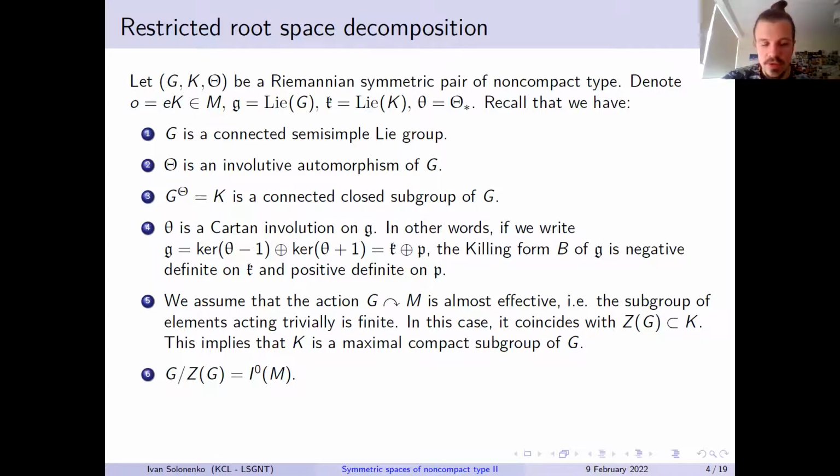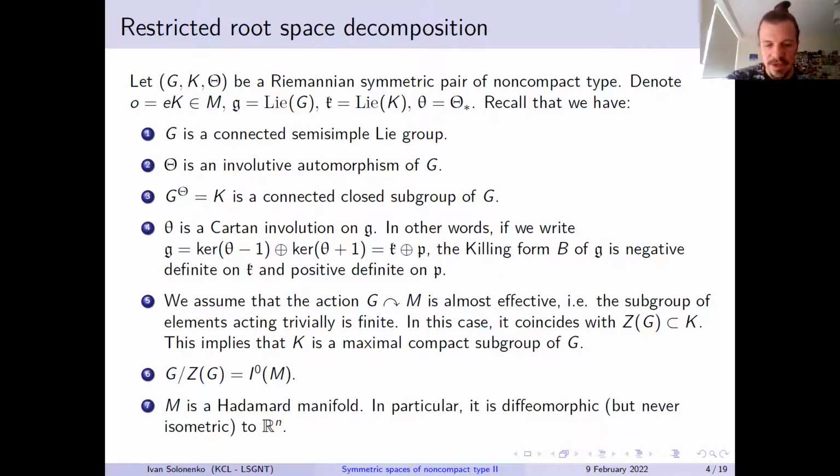One small thing which was also mentioned last week is that the connected component of the isometry Lie group of M is covered by G. So for a non-compact type or for a compact type, this representation by a Riemannian symmetric pair is maybe not unique, but essentially you get every isometry in the identity component of the isometry group as coming from G. So G quotient out by this ineffectiveness, the center, is precisely the identity component of the isometry group.